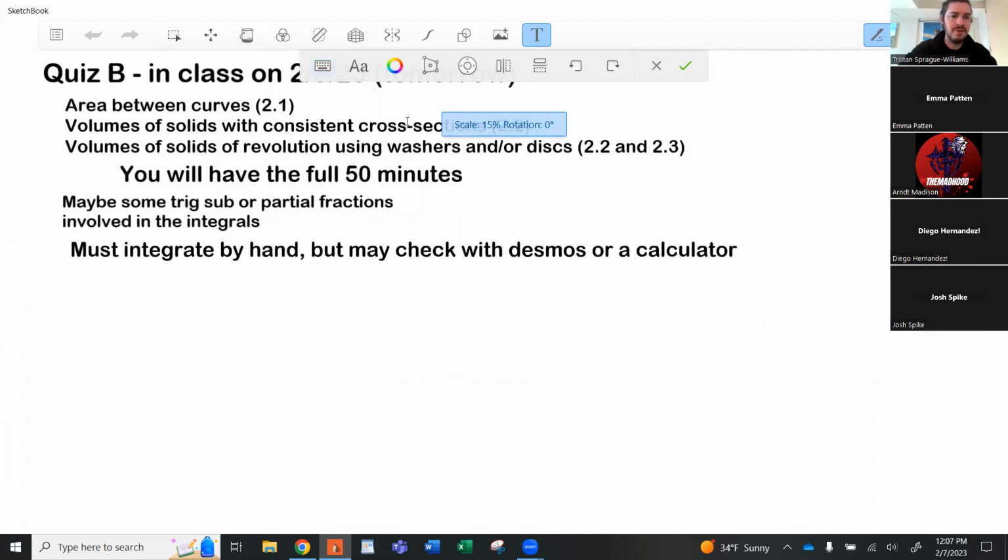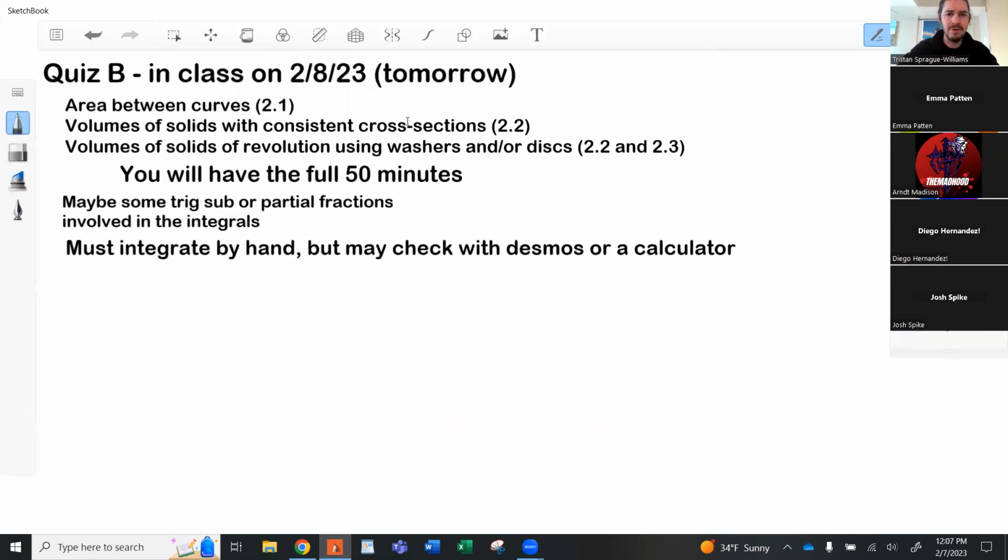So for the quiz, I want full handwritten solutions, because that's part of it here. We have been studying that as well, right? But yes, you'll have Desmos available. So that's what's going to be on the quiz. Do you guys have any questions?